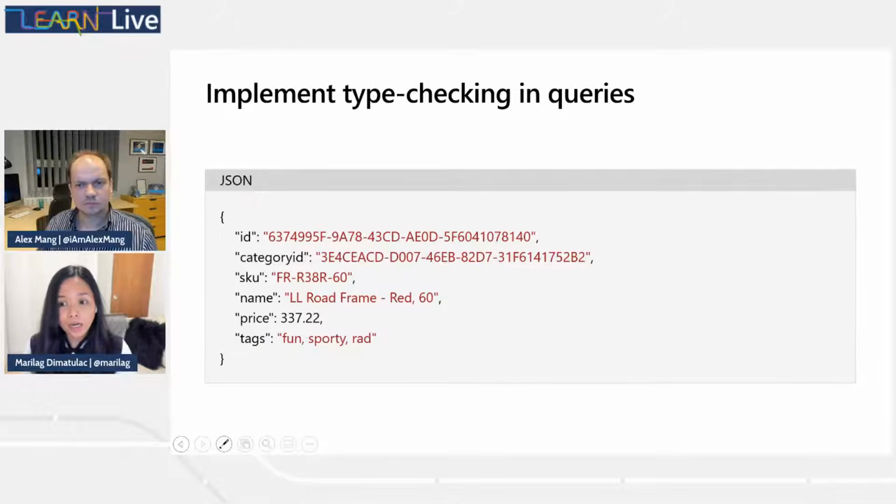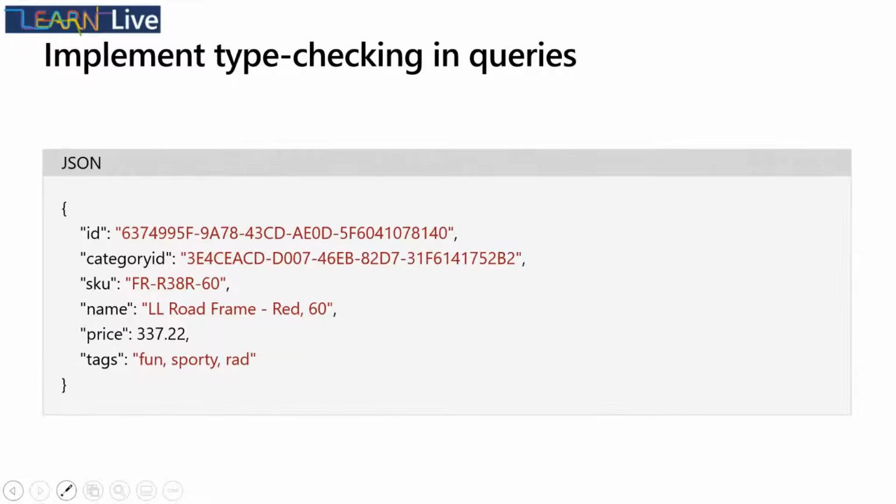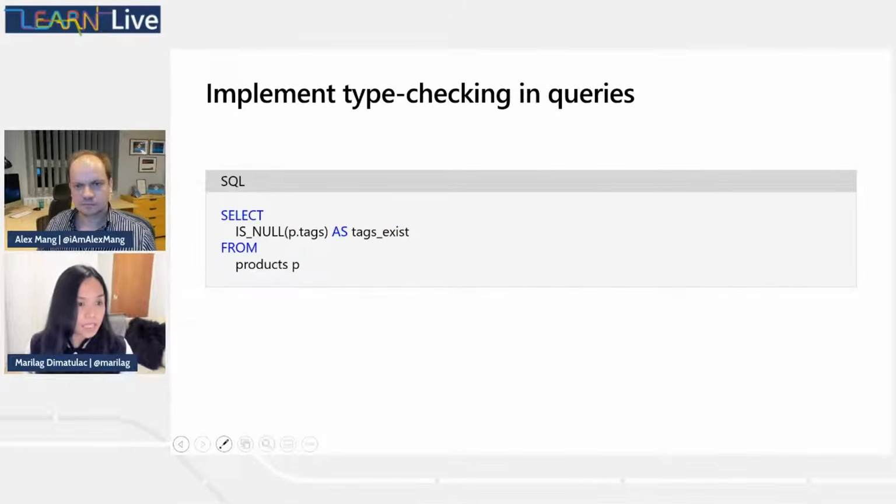And if these values, let's say tags, are either undefined or null, and you have to evaluate an expression, let's say select asterisk where tags equals something, and the tags property does not exist, is undefined, or is there but is set to null, then the query will not return these items.